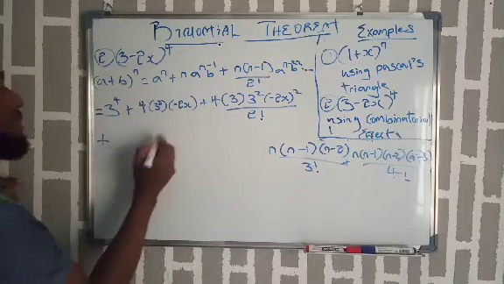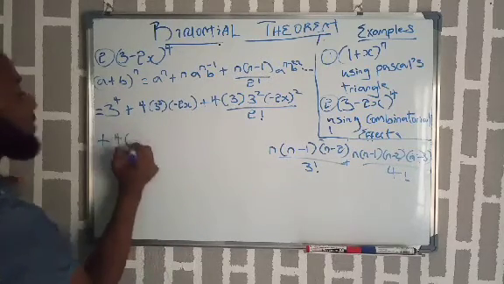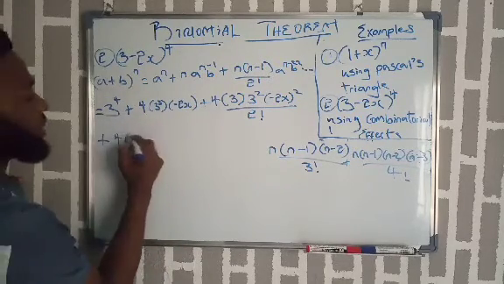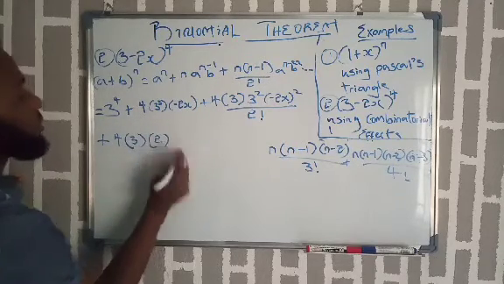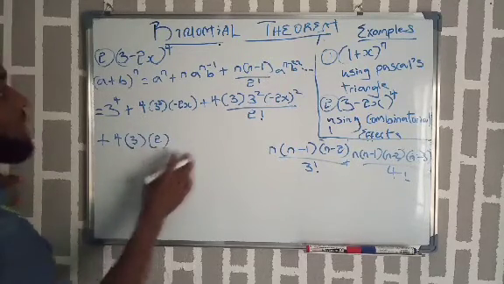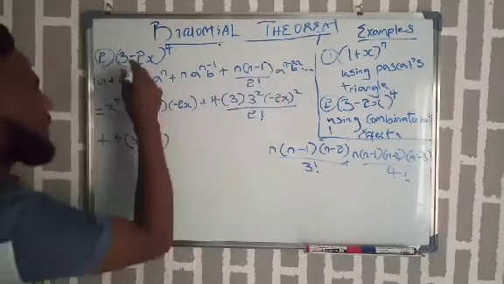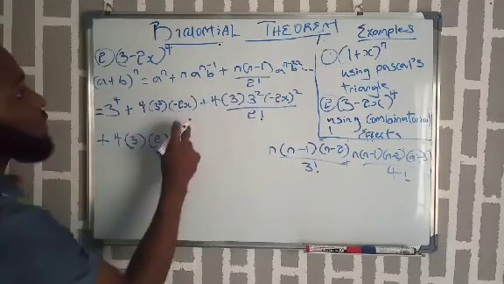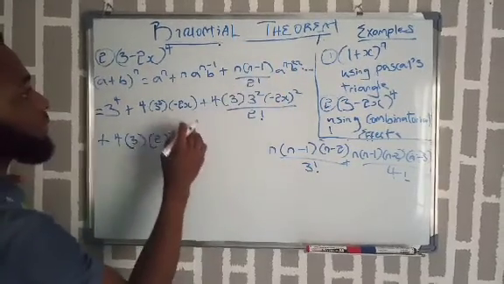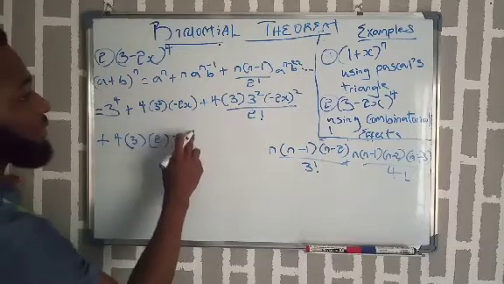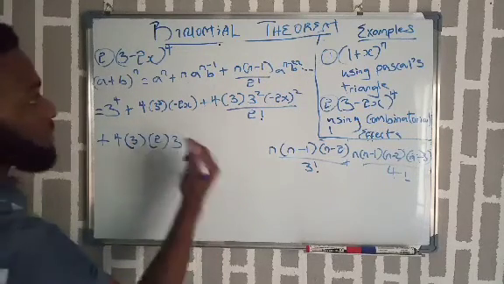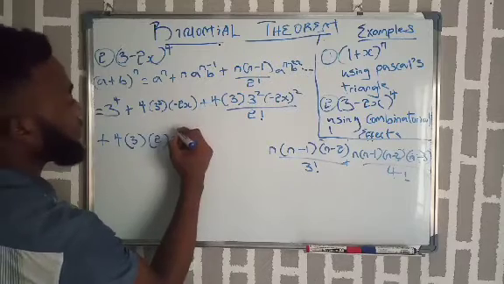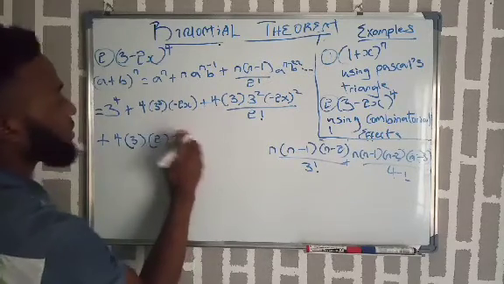So n becomes 4 multiplying 4 minus 1, which is 3, then 4 minus 2, which is 2. Then a now becomes 3 raised to the power n minus 3, which is 4 minus 3, which is 1.